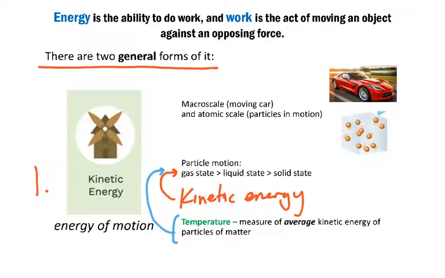So we could say then that also temperature follows the same scale, right? Gas particles would be hotter than, or have a higher temperature than, liquid state particles, which have a higher temperature than solid state particles, which should match your experience and your intuition, right? And so if you think about water, solid state would be ice, and the gas state would be steam. Steam has a higher temperature than ice, right?